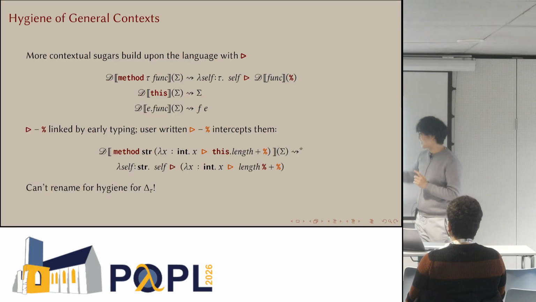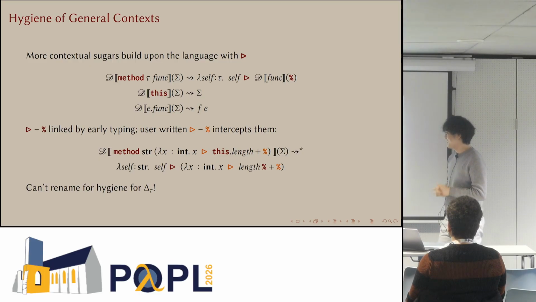For example, they can write code with the yellow pipe and the yellow hole. And then if we just desugar it, we can see that the yellow pipe and the yellow hole intercept the link between the red pipe and the red hole, which come from desugaring. So this is different from what we would expect from early typing, and there is nothing to rename.